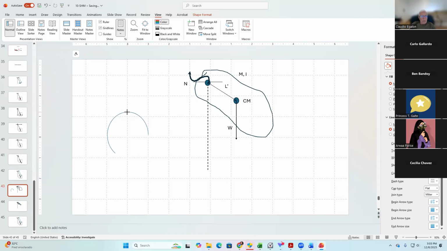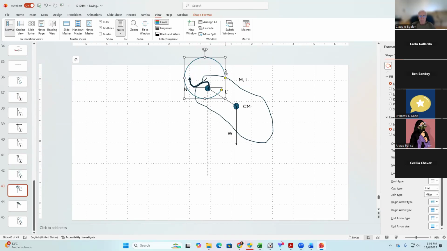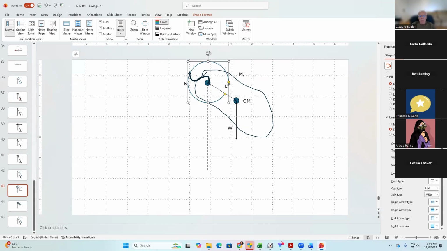One, two. Like that, so I can get a good section of a circle right in here. The center of the circle coincides with the point of rotation. There you go. And that's the angle.